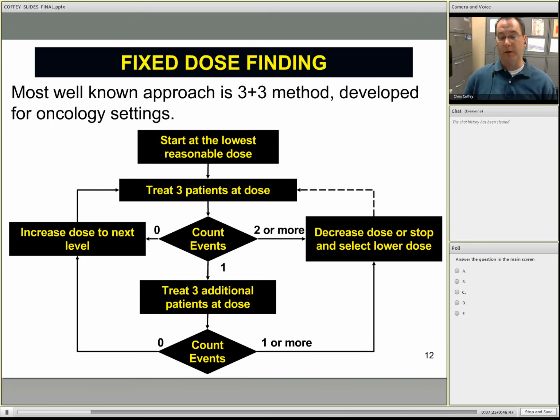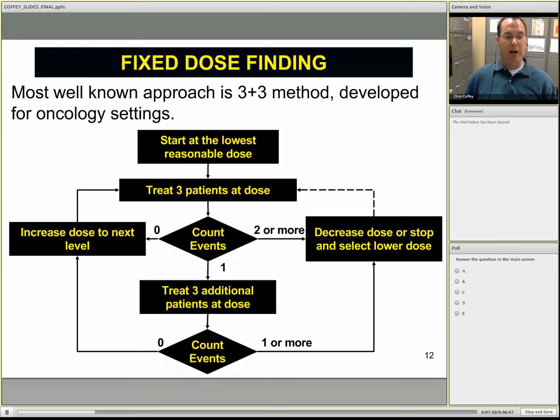If 2 or more of those 3 subjects have one, you either decrease the dose or stop. If 1 had it, you would treat 3 additional subjects and see what happens to them. If you see another DLT, again, you would decrease or stop. If you don't, so you only had 1 out of 6, you would then go up to the next dose. You continue proceeding until you reach some stopping criteria or get through your dose ranges, and that's a way to select the maximum tolerated dose.